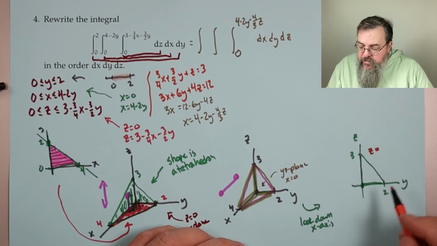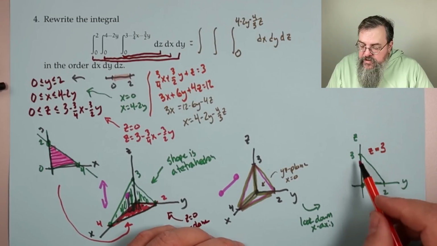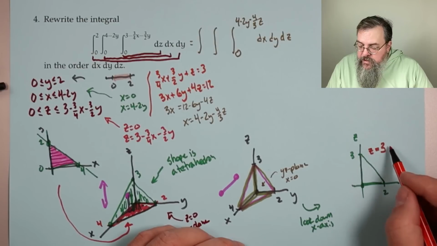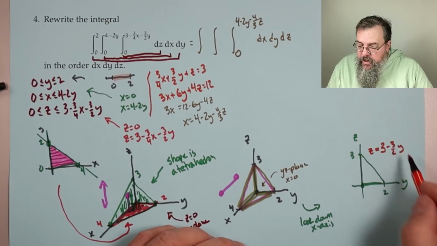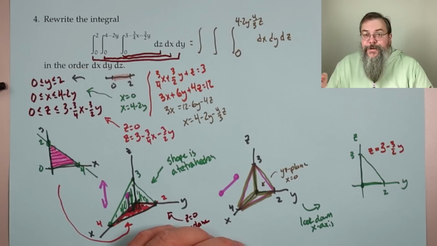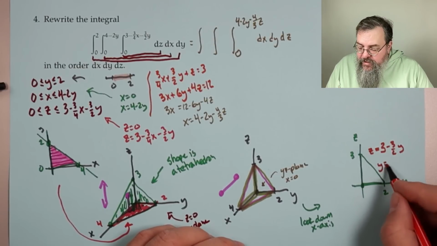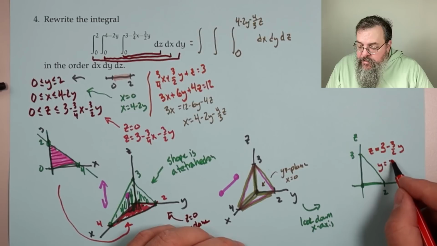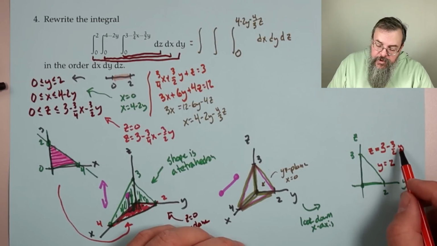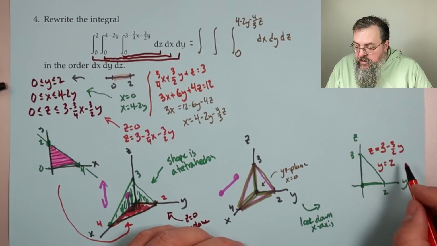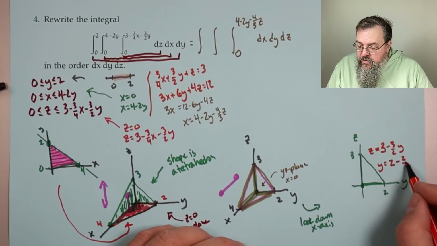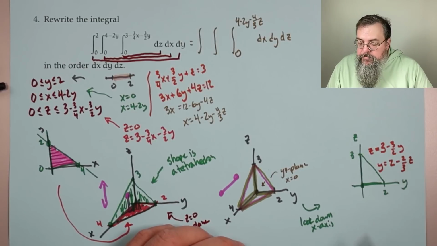So z equals 3 minus 3/2 y, since our slope is down 3 over 2. But of course, we can move stuff around and also solve for y. This is the same as y equals 2 minus 2/3 z.